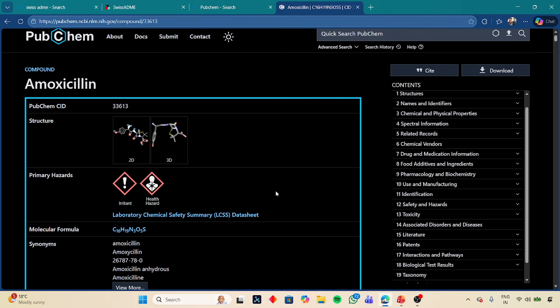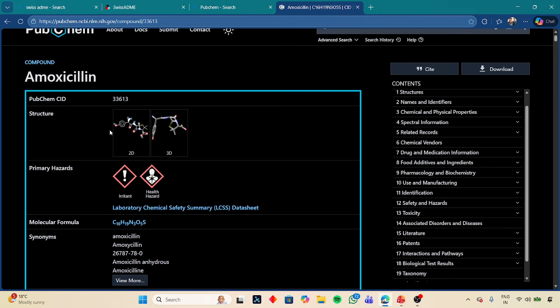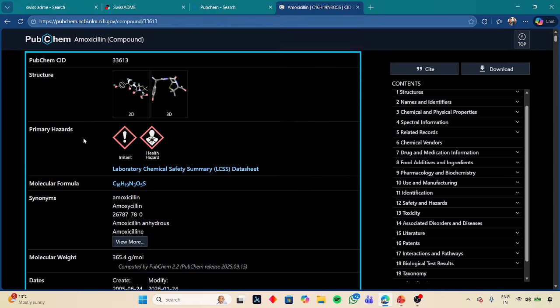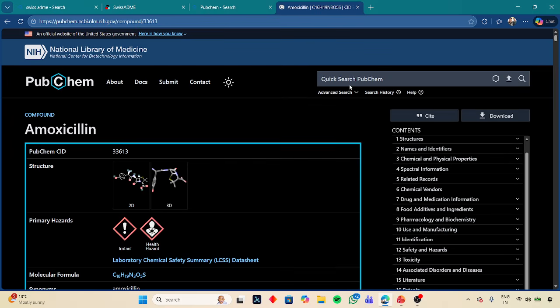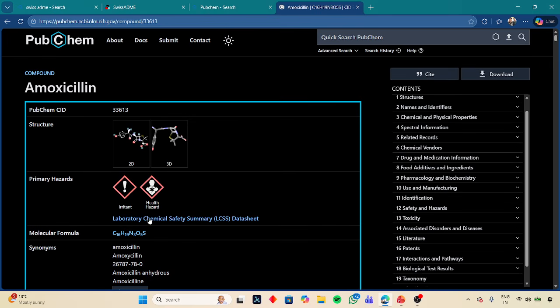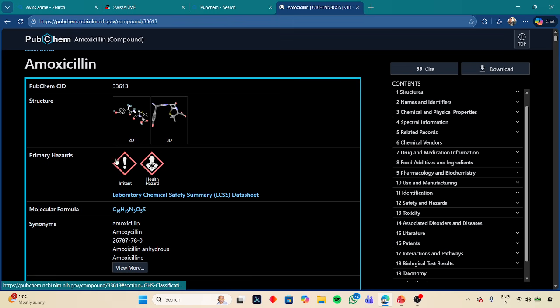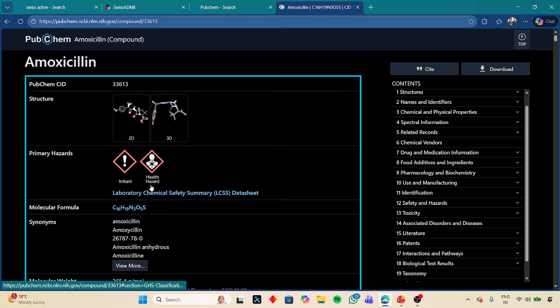So how you can find out: first, the structures, the 2D and 3D structure. Talking about lab hazards, this amoxicillin is irritant in nature and has health hazards.